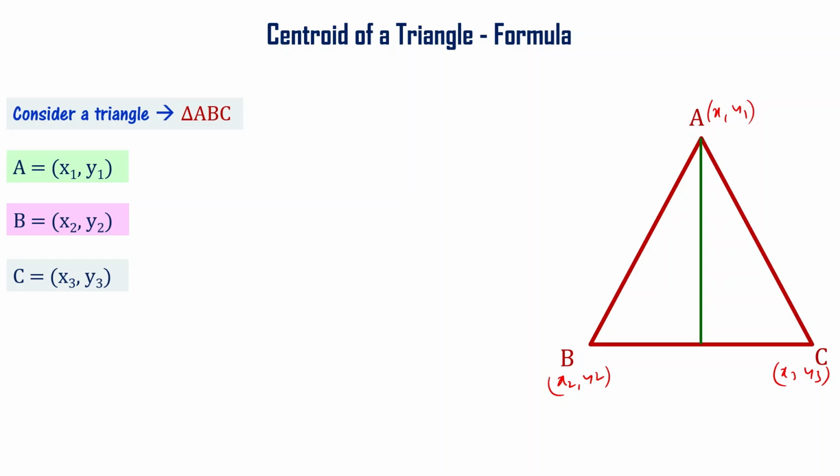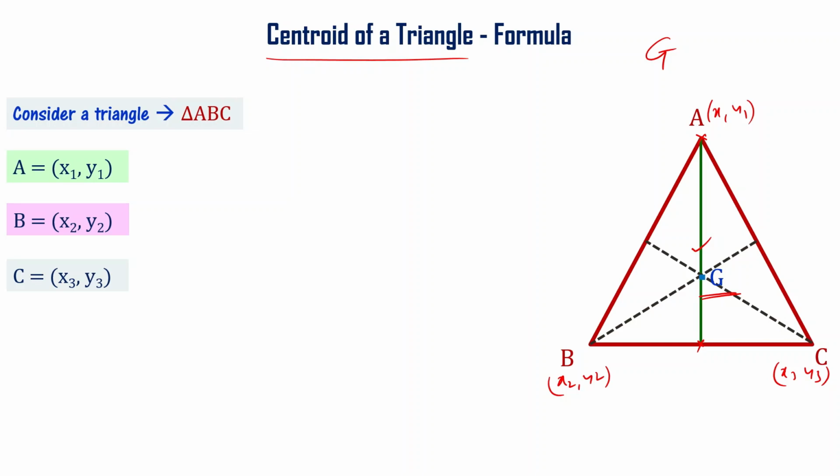Now what I have done, I have used the midpoint and vertex A and connected, and this is called a median, right? Like that, I can draw two more medians. All three medians are intersecting at one point. That point is called centroid of the triangle, right? Typically, centroid of the triangle is denoted using capital G.